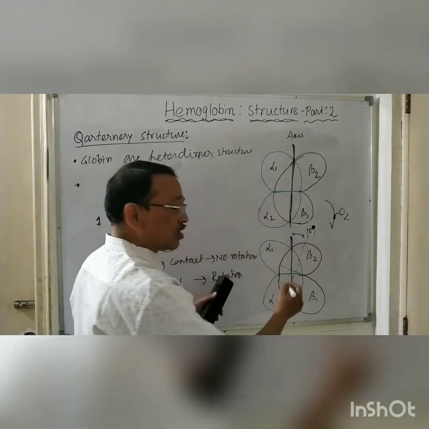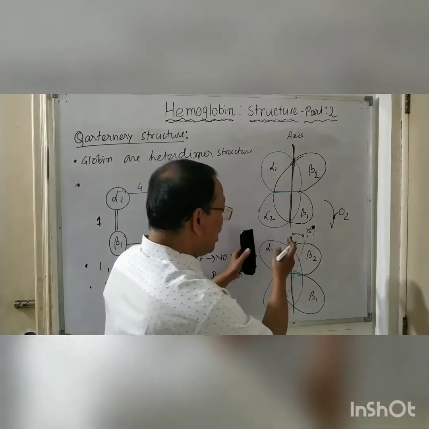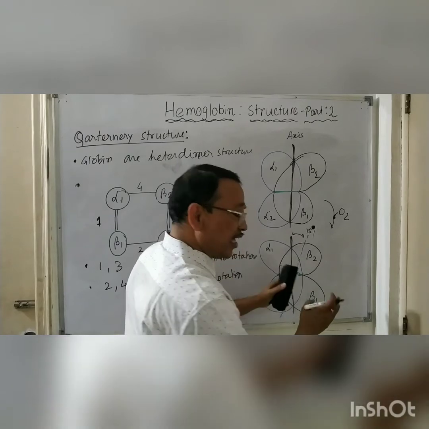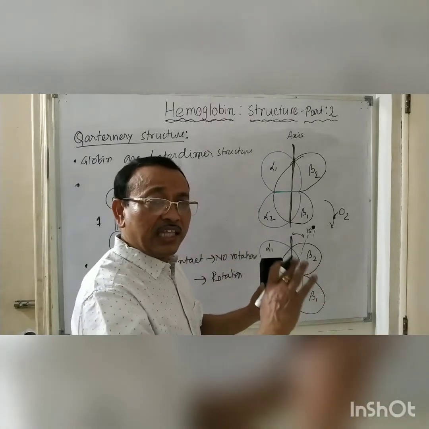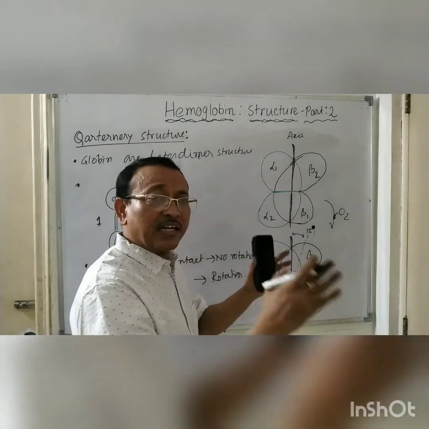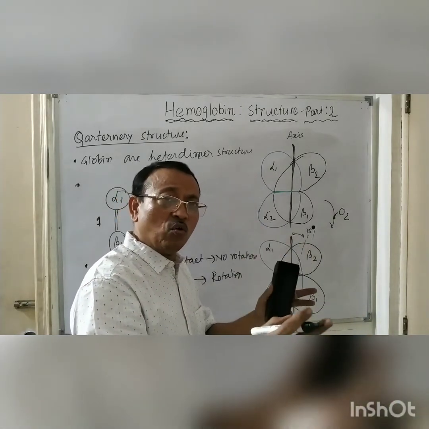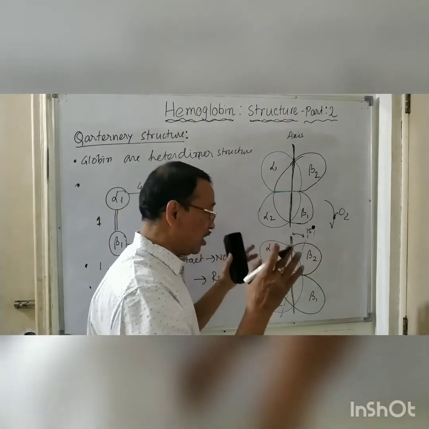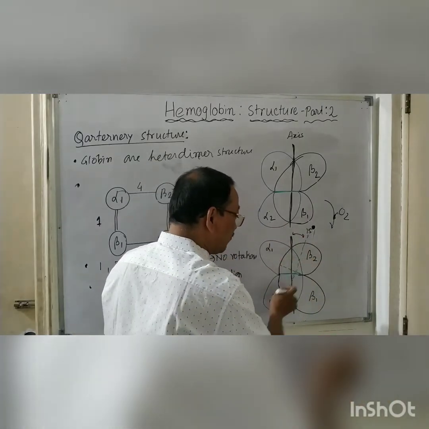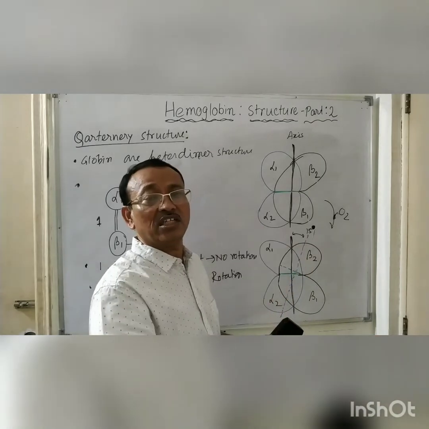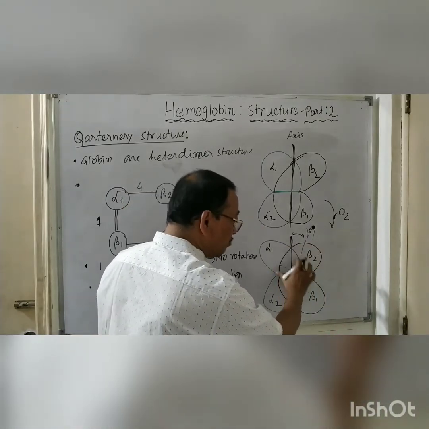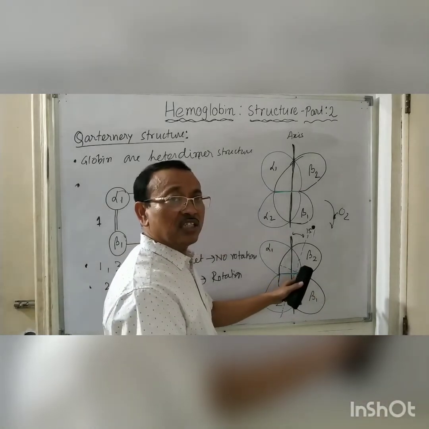So in this condition, what is happening? The configuration of the alpha 1 and the beta 1 remains the same and they rotate from the axis, and thereby their movement in relation to the alpha 2 beta 2 dimer gets changed.